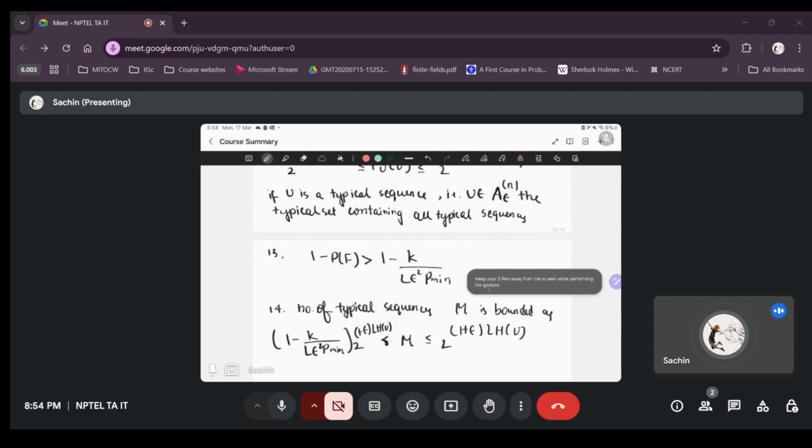You can select K over L epsilon square P min equal to epsilon by properly choosing L. In that case, you can just write this down as (1 minus epsilon) times 2 power (1 minus epsilon) L H(U).